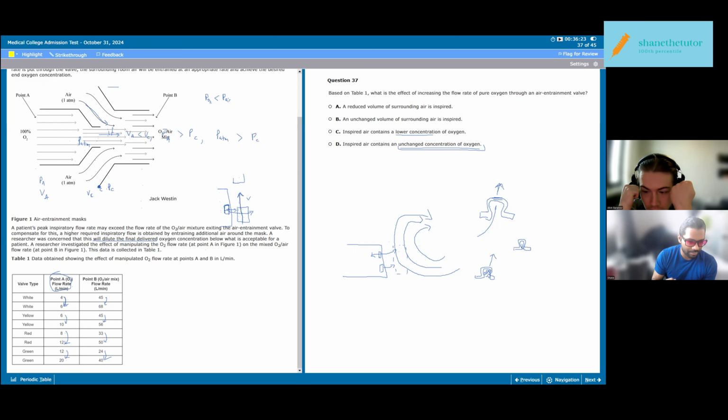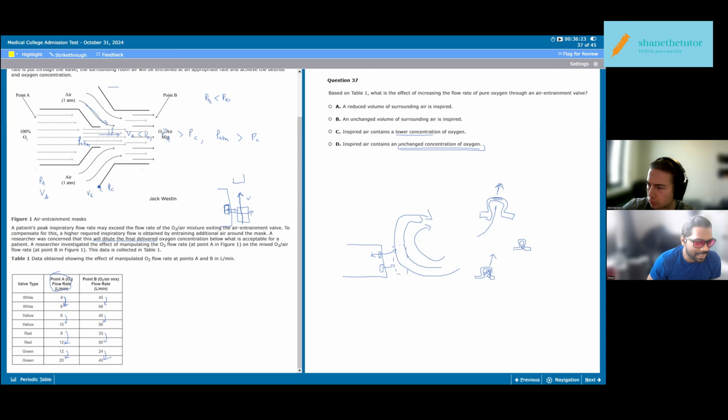So we know that if the inspiratory flow rate is higher than the flow rate of the O2 air mixture at point B, they're not going to be able to make use of it because they're sucking it in at a larger rate.